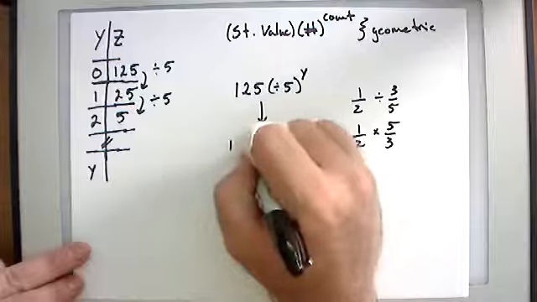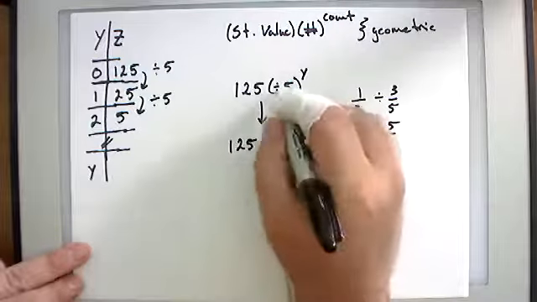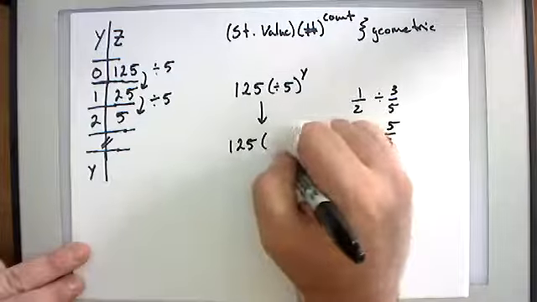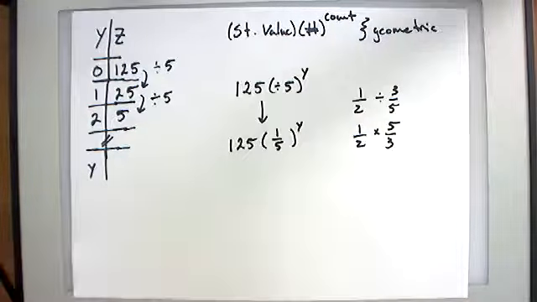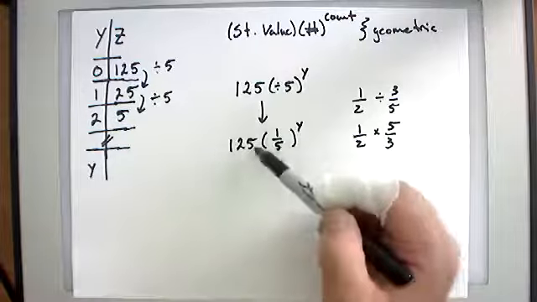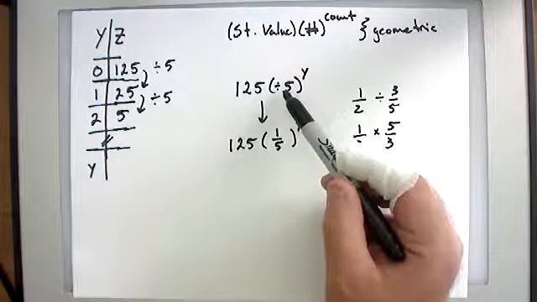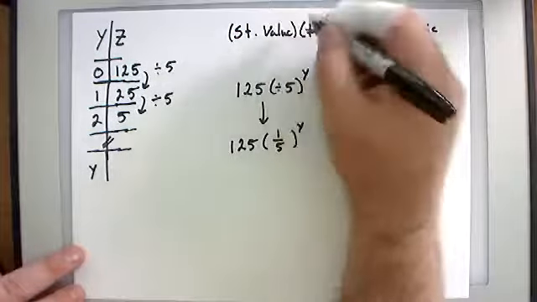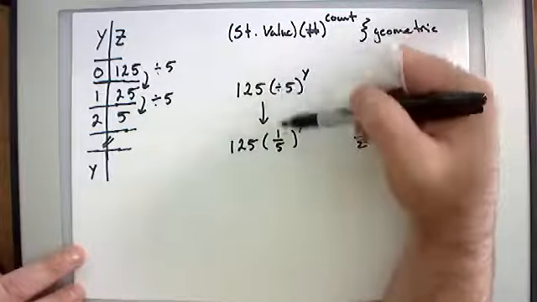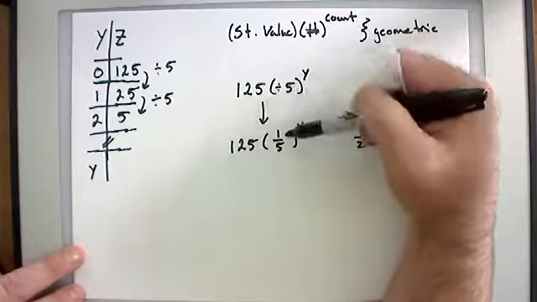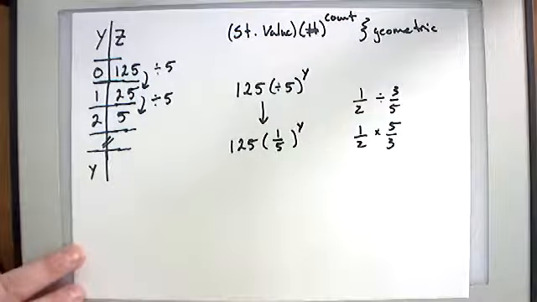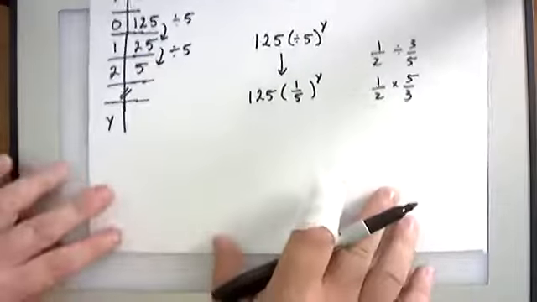We're going to keep the first one, change it to times, meaning we drop the division symbol, and flip this number to 1/5. That's what this would look like, because multiplying by 1/5 is the same thing as dividing by 5. So be careful, geometric cannot be written with division. Even if it is division, you've got to write it as multiplication by flipping your division into a fraction. That's the tricky part here. That's the part everybody gets confused with. Be careful about that. All right, let's do another one here on the same page.